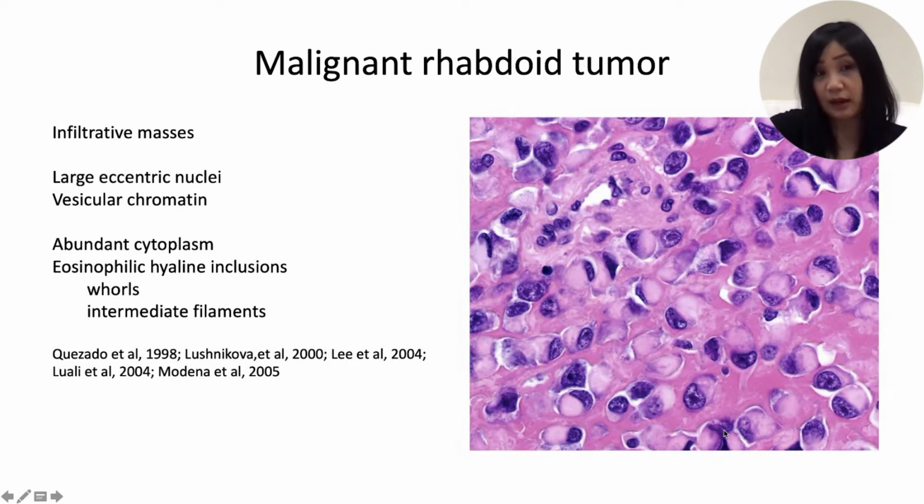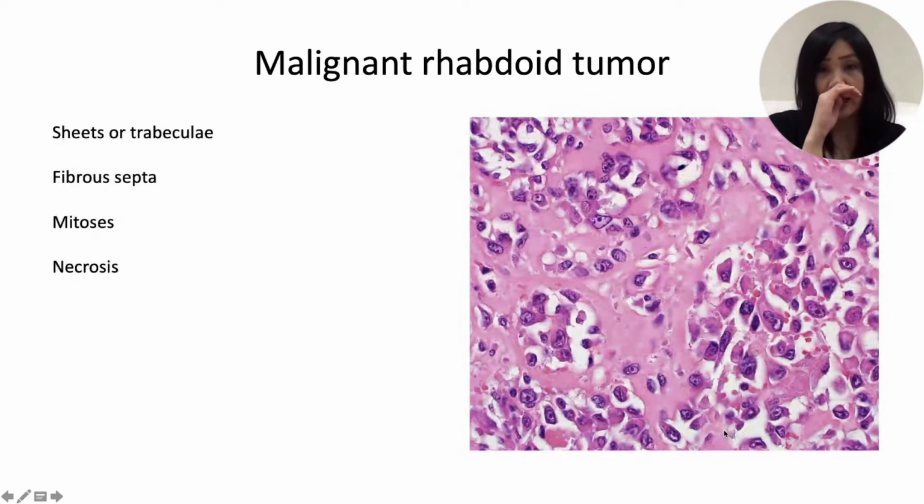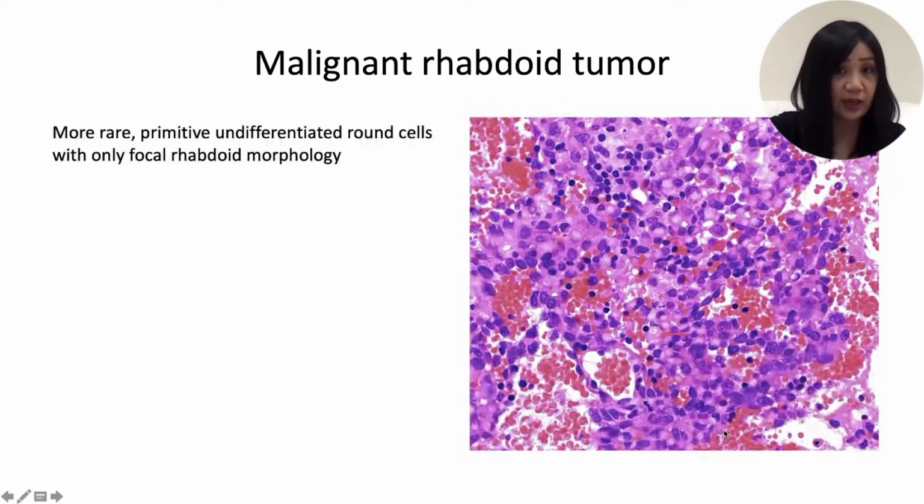So they are infiltrative masses with large eccentric nuclei and abundant cytoplasm, with these rhabdoid inclusions composed of whorls of intermediate filaments. They can be present as sheets or as trabeculae with variable fibrous septa associated with mitosis and necrosis.